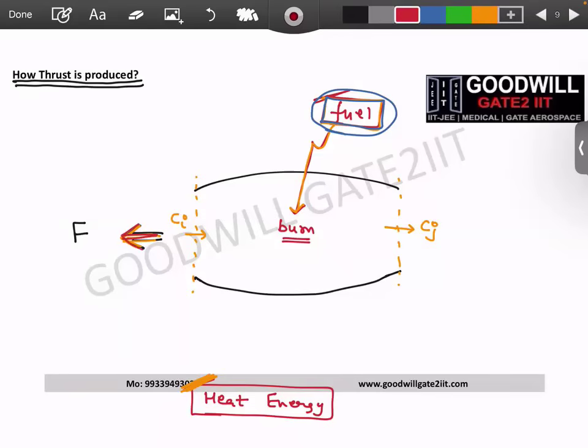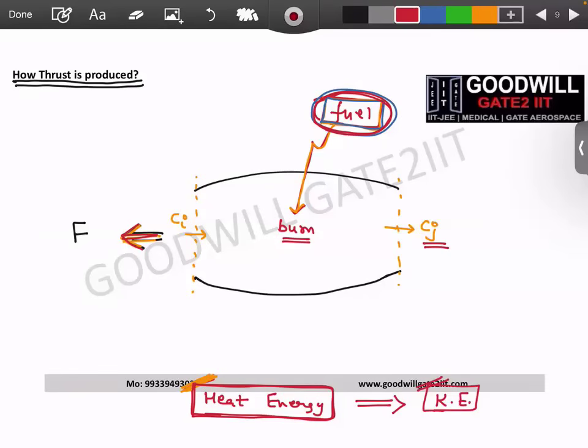So what does our engineering mind say now? We have given the energy of fuel, we have burned it, we have produced heat energy. Now we should convert this heat energy into high velocity, maybe into high kinetic energy. So we have to do some conversions now.